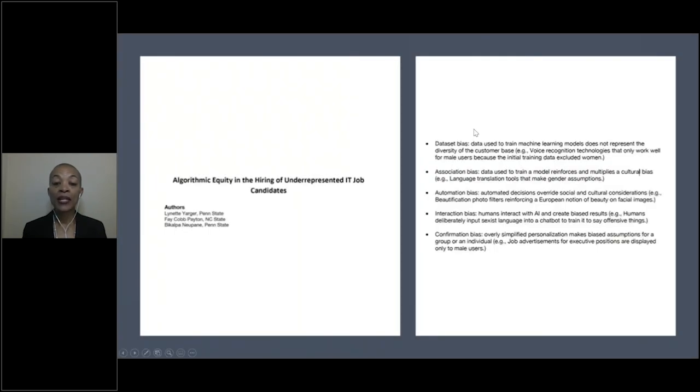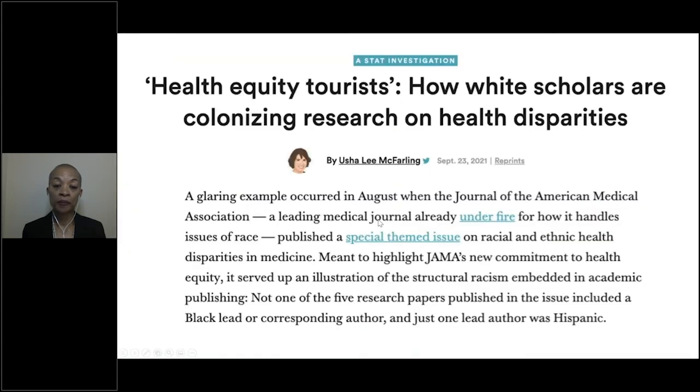I highlight these types of biases that come into play when it comes to healthcare. It's not just a data set bias, there's association bias, there's automation bias, confirmation bias, and interaction biases. And lastly, I put up this, which was actually released, as you can see, a few days ago.